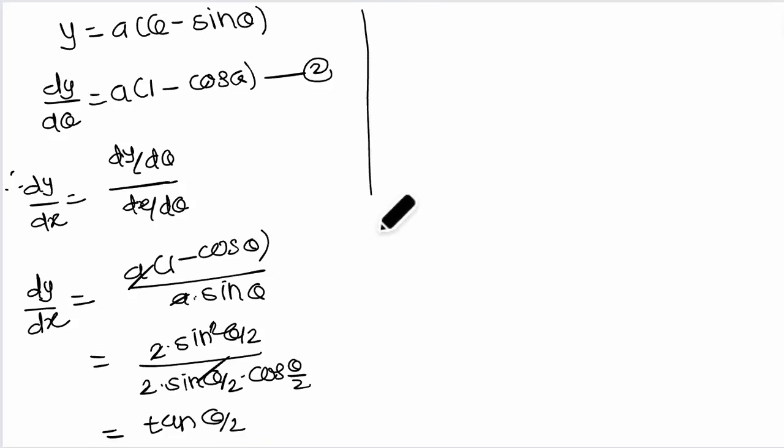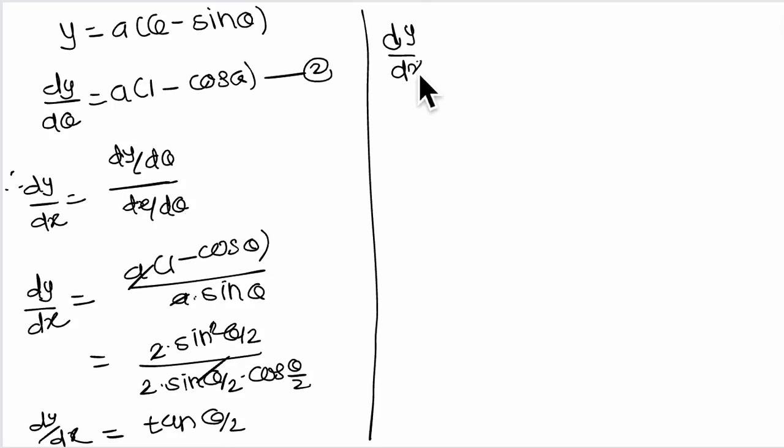Okay, so this is the value of dy by dx. dy by dx will be tan of theta by 2. But guys, dy by dx equals how much? Tan of theta by 2.